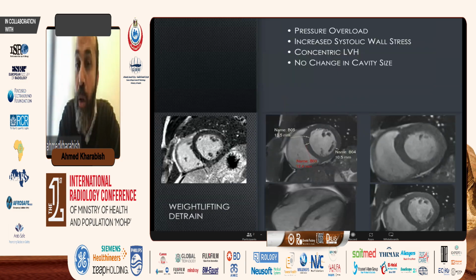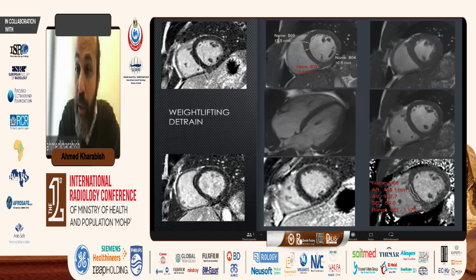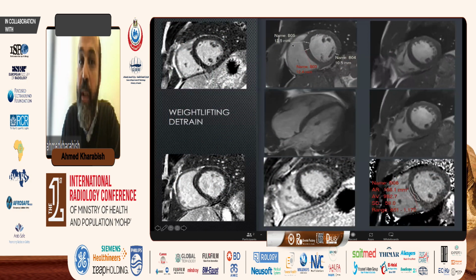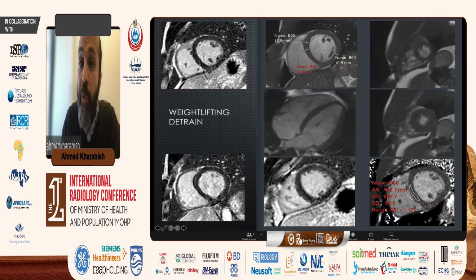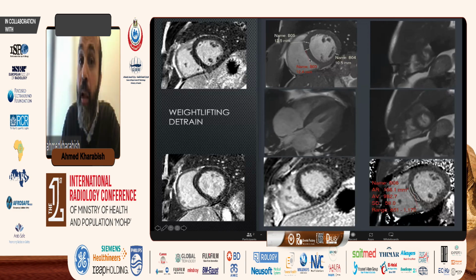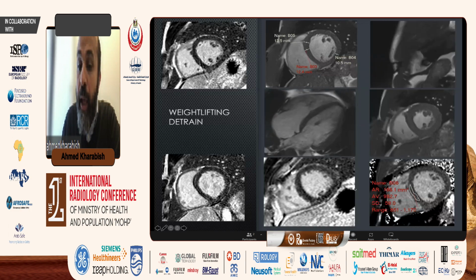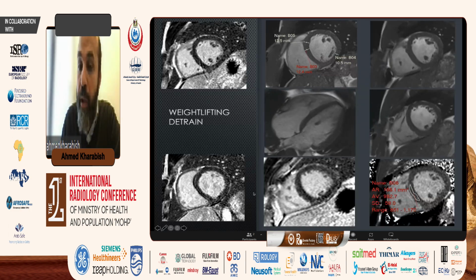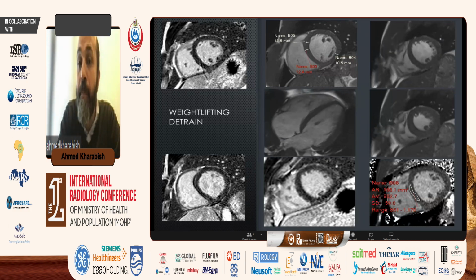For example, this is a professional athlete practicing weightlifting, and as you may see on the short axis view, the hypertrophy is concentric, between 12 and 14 millimeters, with the posterior wall at 11. Function is preserved, the T1 max is within normal, and there is no apparent fibrosis on those scans.